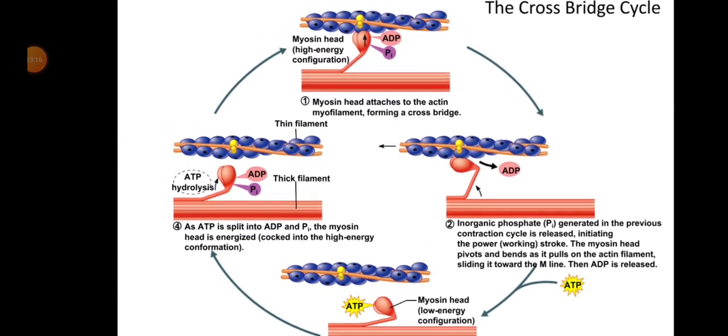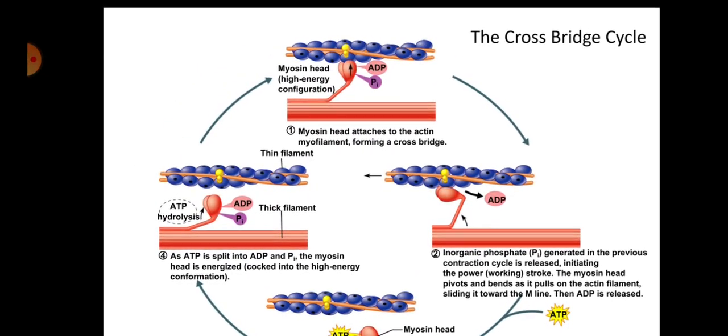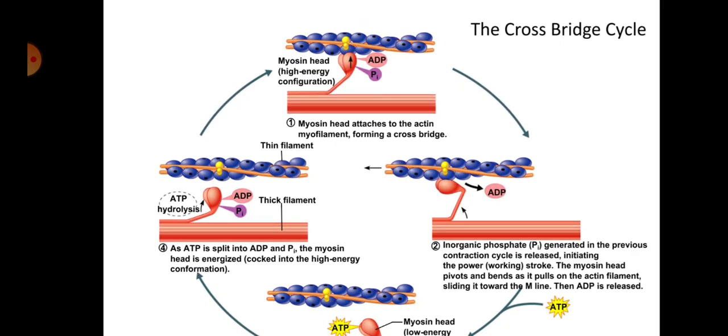Now, this diagram depicts the cross bridge cycle. In the first case, as can be seen, the myosin head attaches to the actin myofilament, forming a cross bridge.